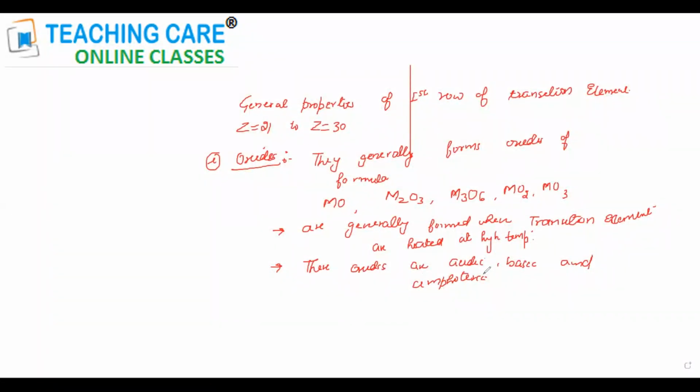They may be acidic oxide, they may be basic oxide, and amphoteric means sometimes they behave as acidic and sometimes as basic in nature. So acidic oxides, basic oxides, and amphoteric oxides.